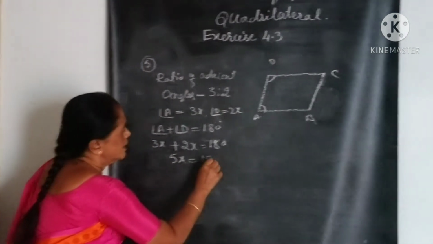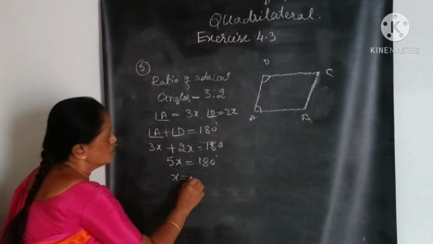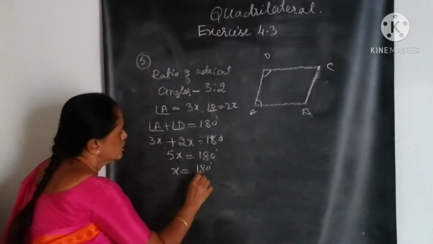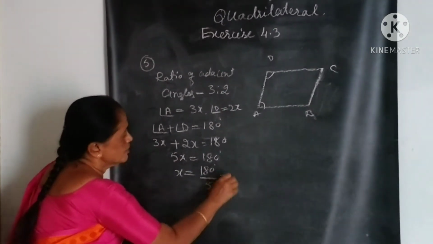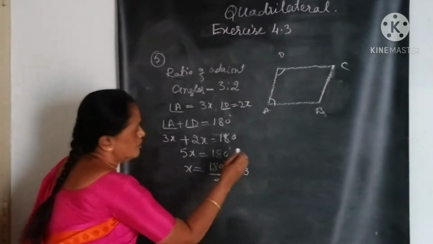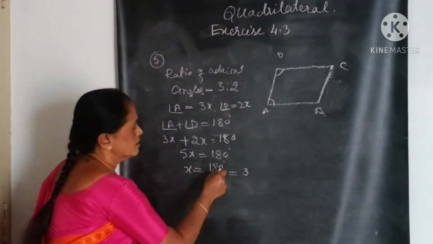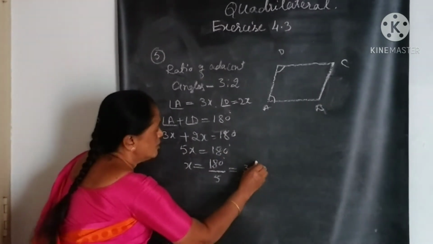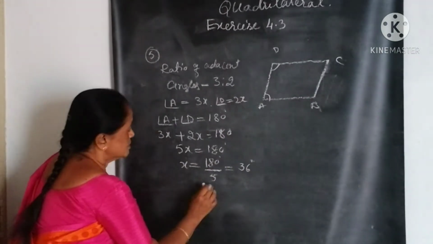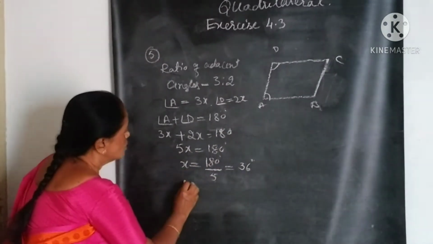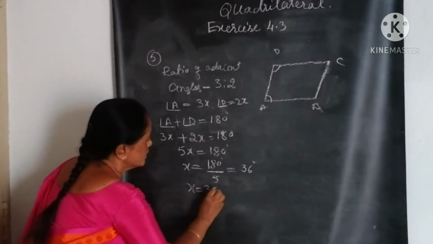That is equal to 180 degrees. So x is equal to, divide 180 by 5. 5 3s are 15, 3 remainder 30, 5 6s are 30. So x is equal to 36 degrees.